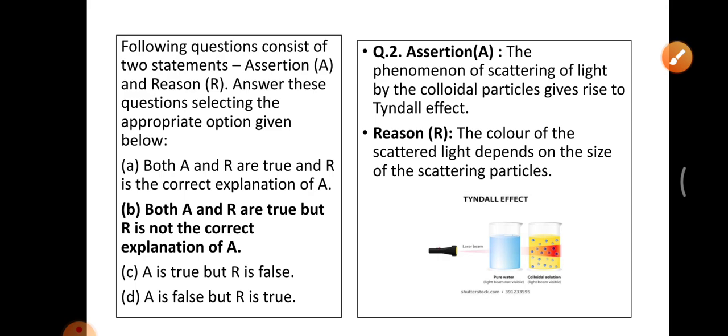Reason: the color of the scattered light depends on the size of the scattering particles.